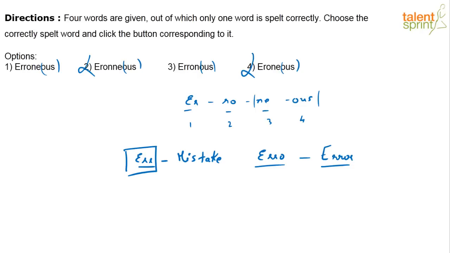However, Vivek, there's a catch there. Unless and until you need to know the meaning of the word or the syllable breakup.